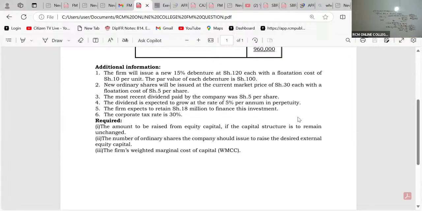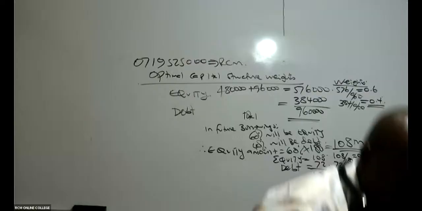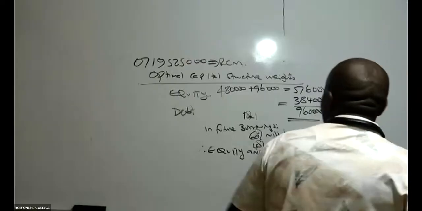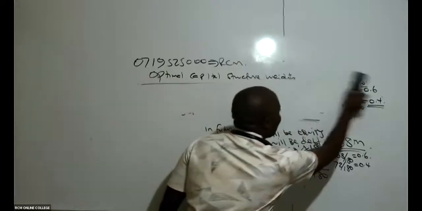Then from there, we go to question number 2. They want us to give them the number of ordinary shares the company should issue to raise the desired external equity capital. So how do we get this number of shares?